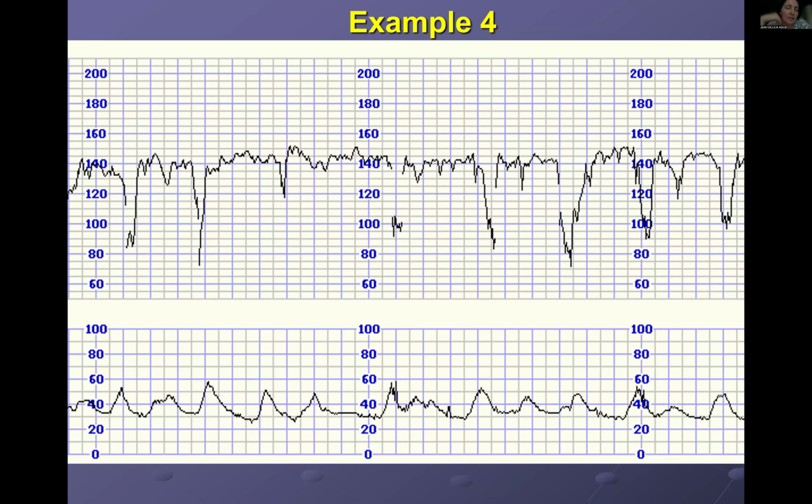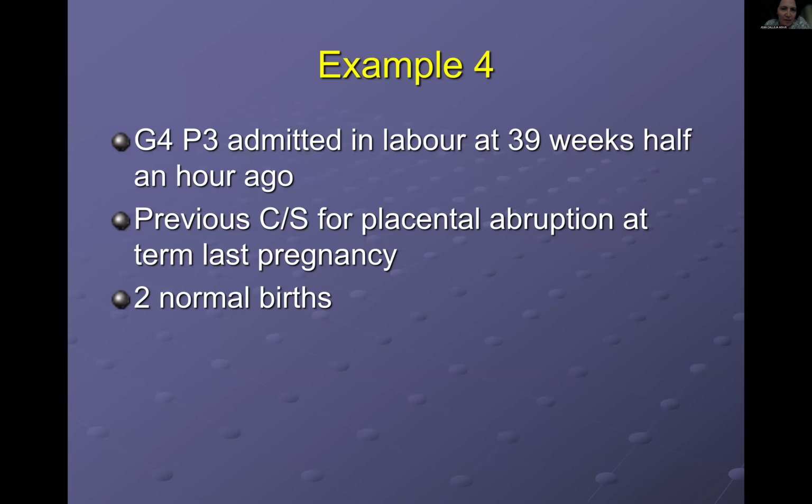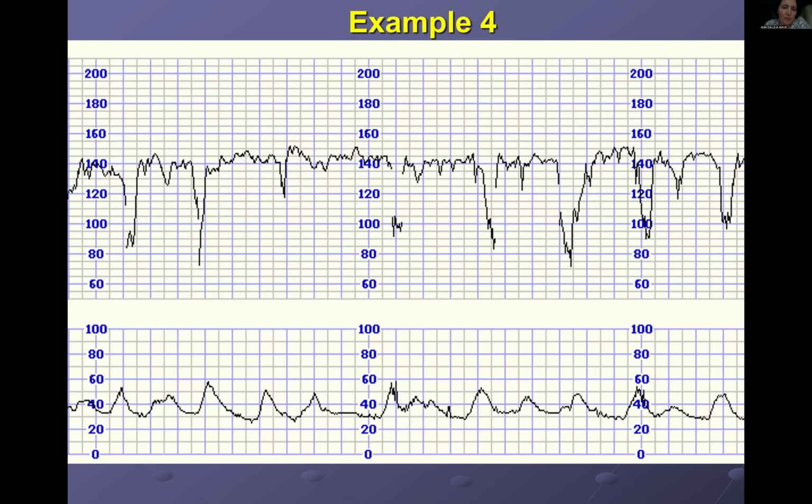And keep her starved, because if this CTG gets worse, you're going to go for either cesarean section, or if she's fully dilated, you have to expedite delivery, either through assisted vaginal delivery or cesarean. And also here, they haven't ruptured the membranes, so you need to rupture the membranes to look at the meconium.